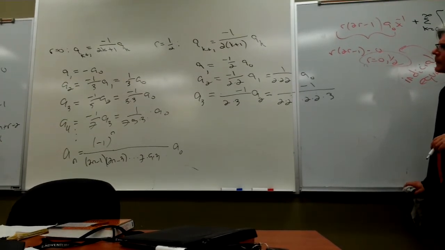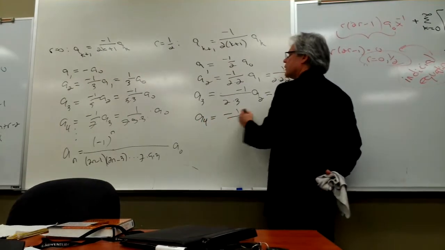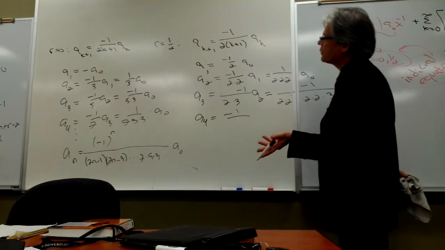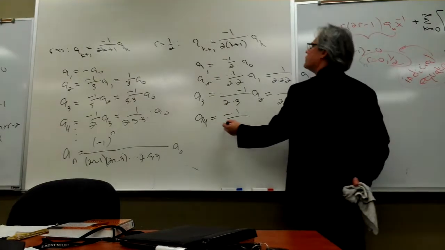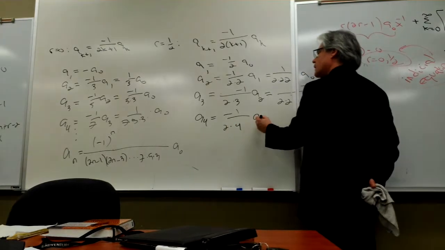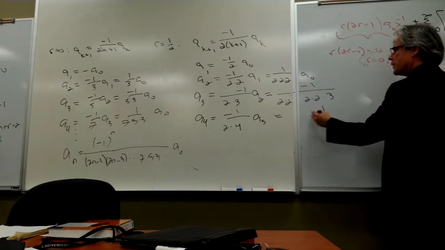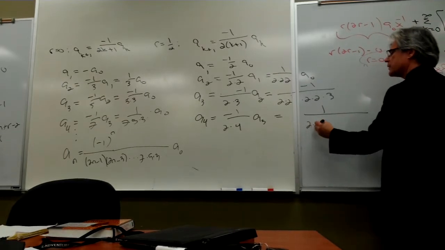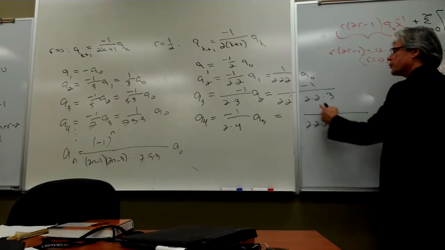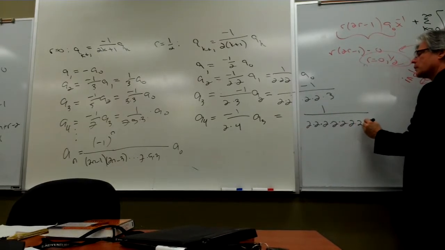No. Let's do another one. So a sub 4 is generated when k is equal to 3. Is that going to be -1 over 2 times 4 times a sub 3, which is +1 over 2 times 4 up here, but 3 times down there, times a factor 3?